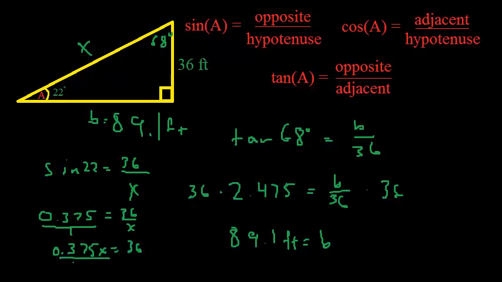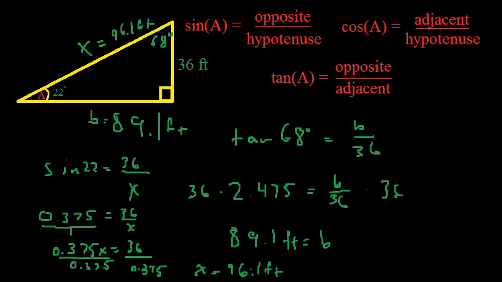Divide both sides by that 0.375, and I find that x is equal to about 96.1 feet. So we have our hypotenuse now at 96.1 feet. Now if you try this, take 36 divided by 0.375, you won't get exactly 96.1.